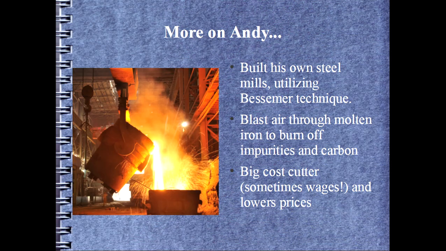Instead of a guy standing on a catwalk with a rake pulling all the stuff off, you're just blasting air through and blasting that stuff away. See, big cost cutter, big into wages. It's great because it lowers prices, but unfortunately, people work very hard for very little, going to start to get angry after a while, and labor disputes in the late 19th century are pretty nasty.